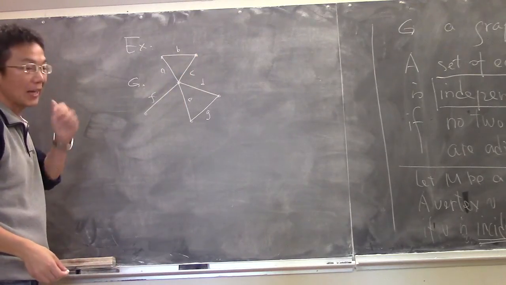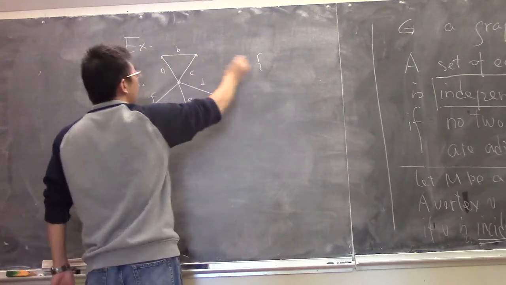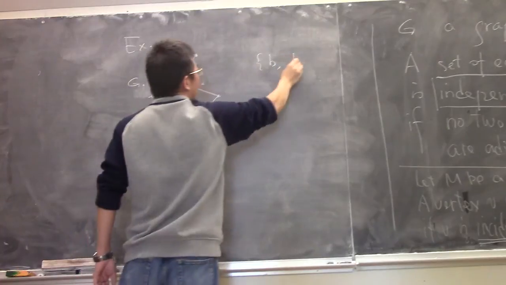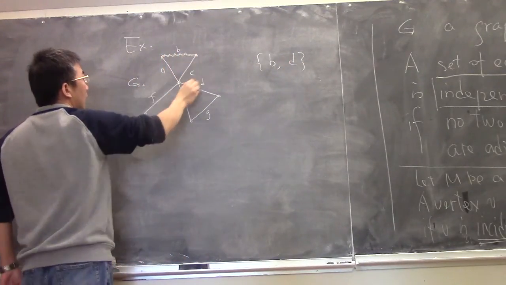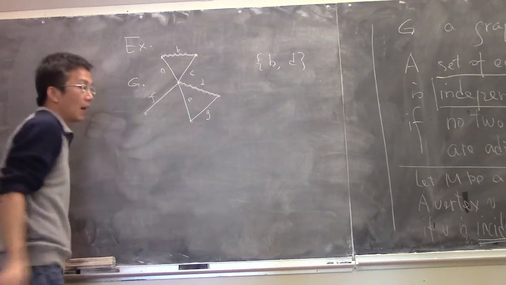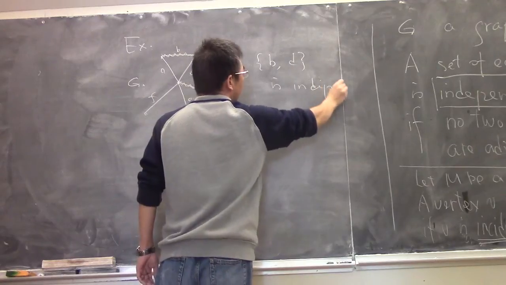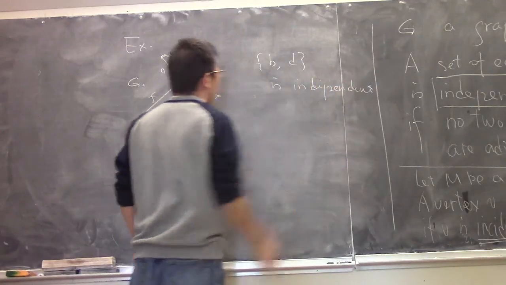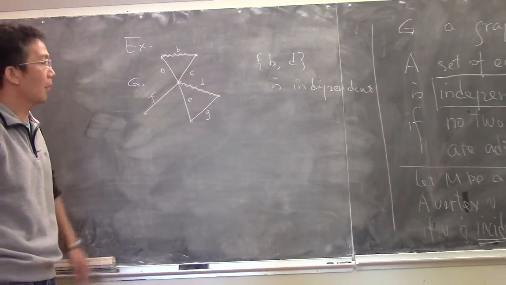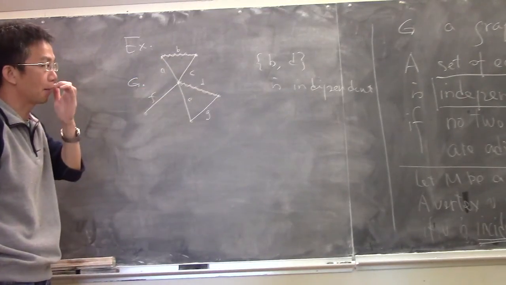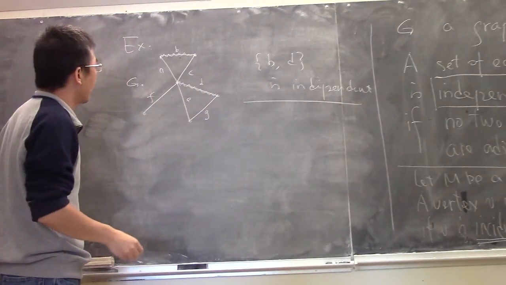Then, for example, if I look at a set B and D, if I look at these two edges, I claim this is independent, because these 2 edges share no common vertices, right? So this is what we call independent. Let me give you another example.